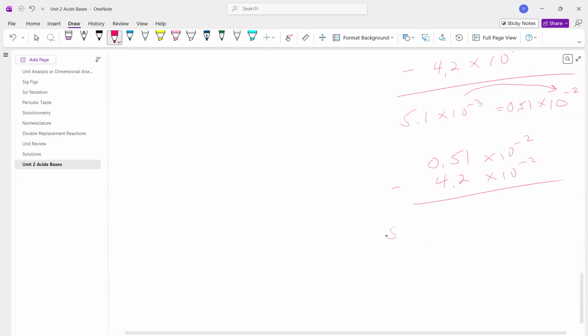So we want to end up with, well, it's already in -3. So let's do the other one. Okay, so 5.1. I'm going to convert the other one now, 4.2 to -3.